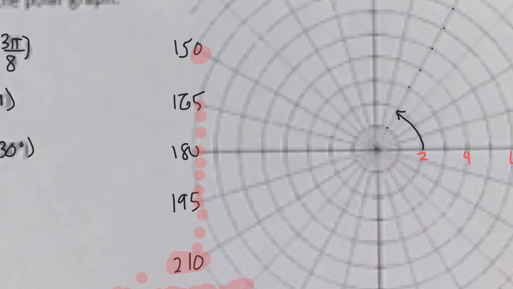So 150 is also known as negative 210 degrees. So this is the line that we're going to put our dot on that happens to be 2 units away from the center. So there is our coordinate 2, negative 210 degrees.